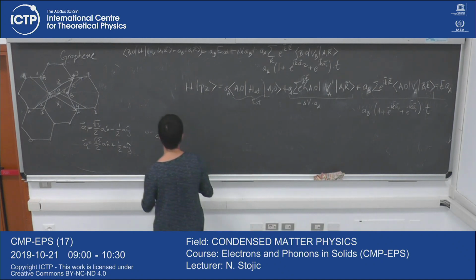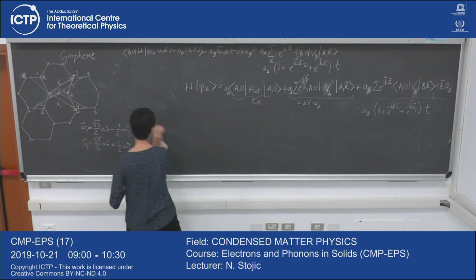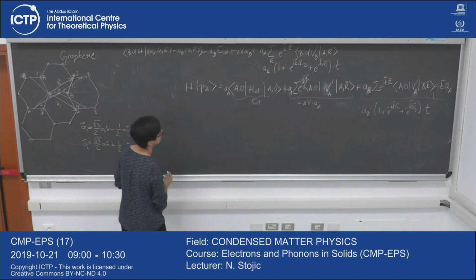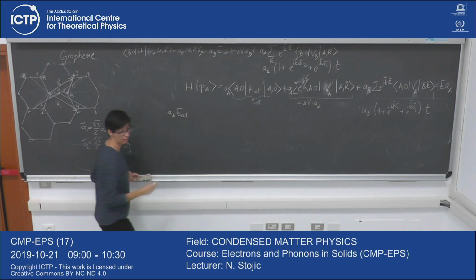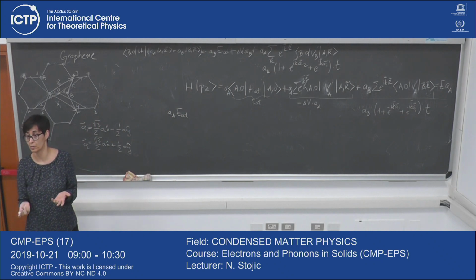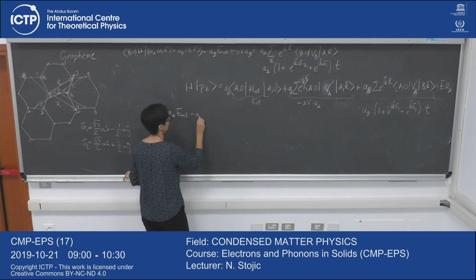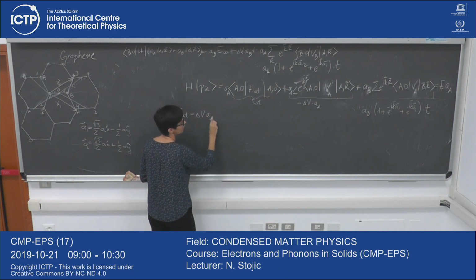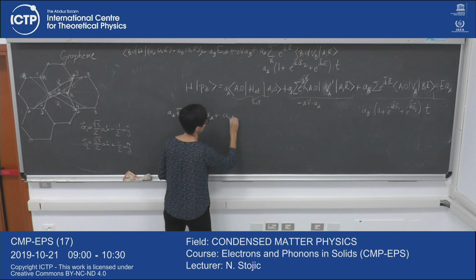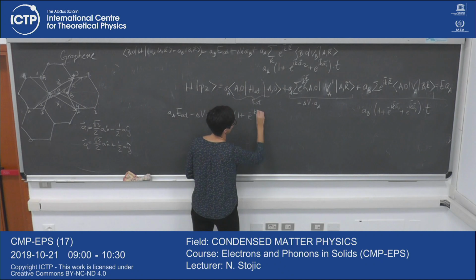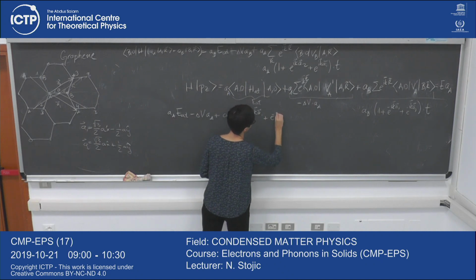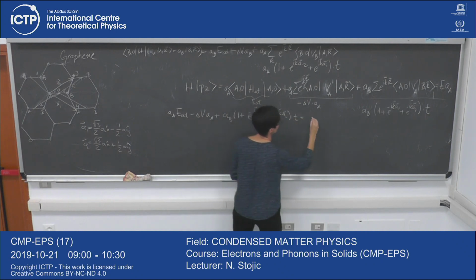Let me write the equations once again. The first equation says AA atomic. Also the atomic energy of A and B is the same, no? It's all carbon atoms. So it has to be the same. Minus delta V AA plus AB times 1 plus is equal.